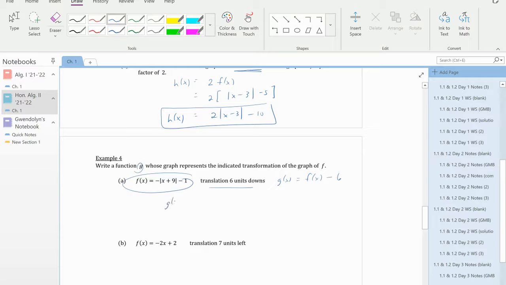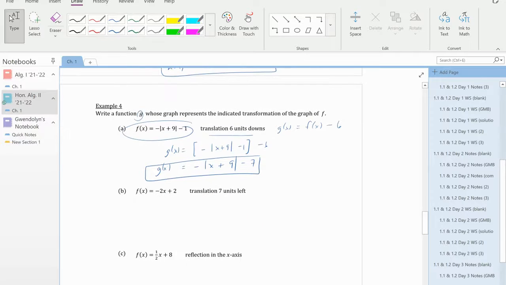So g of x will be the function that we've got right now, moved 6 units down. Oops. Well, yeah, I was going to say, is it going to take more than 1 step? -1 minus 6, that's just -7. Nope.